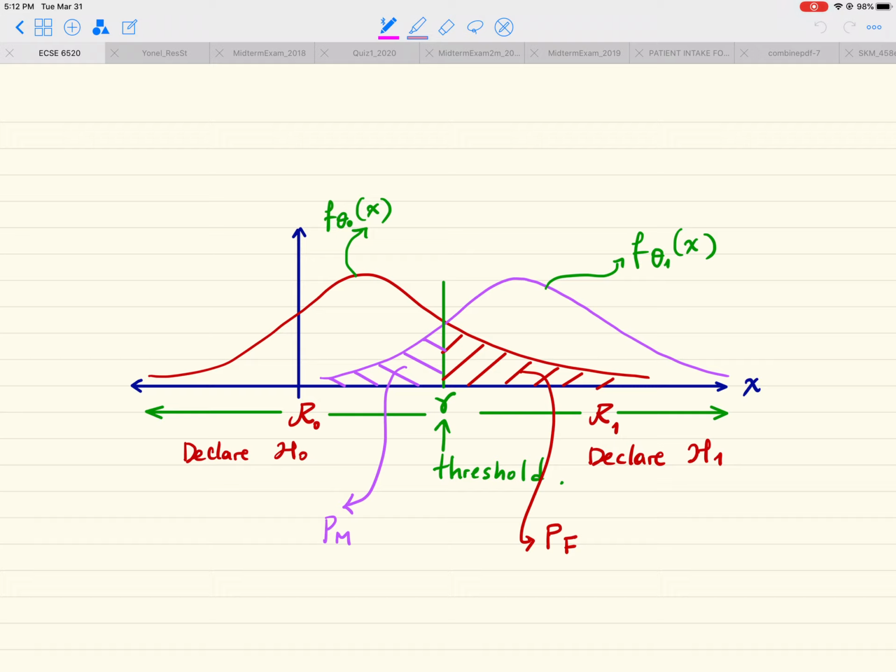Now, probability of misdetection, on the other hand, is that we observe x and that x is less than gamma, and we declare the null hypothesis, but actually it comes from the underlying distribution f sub theta 1.